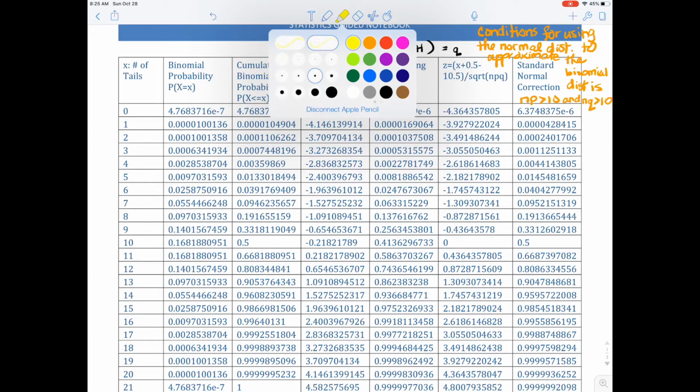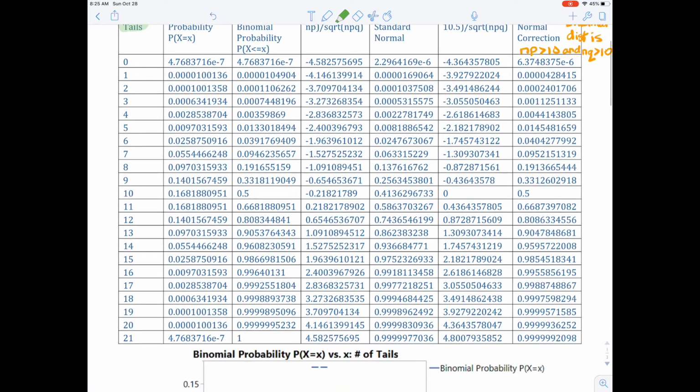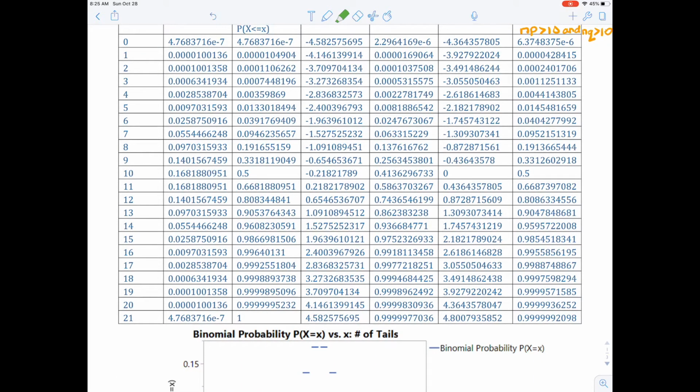We've defined success as flipping a coin and getting a result of tail, all right? You can see we have 21 trials. So this is telling us that our n is equal to 21 because each toss of the coin is a trial.